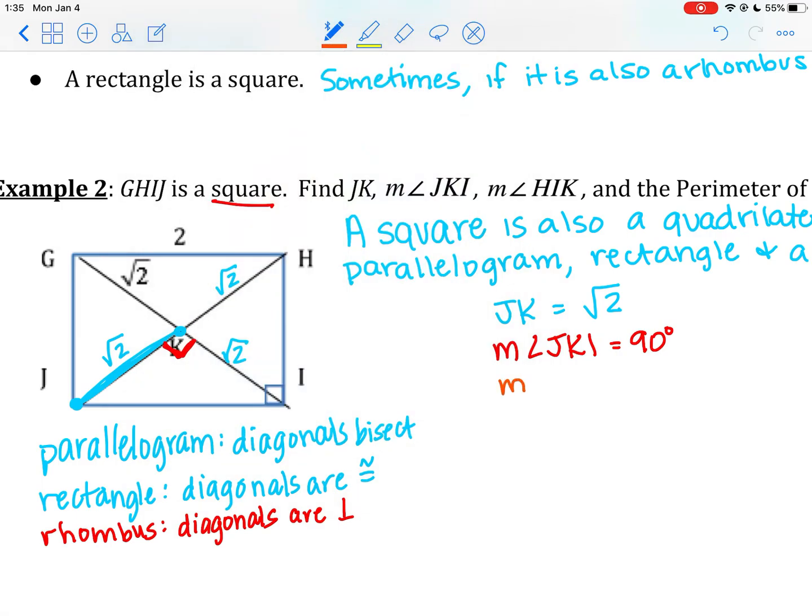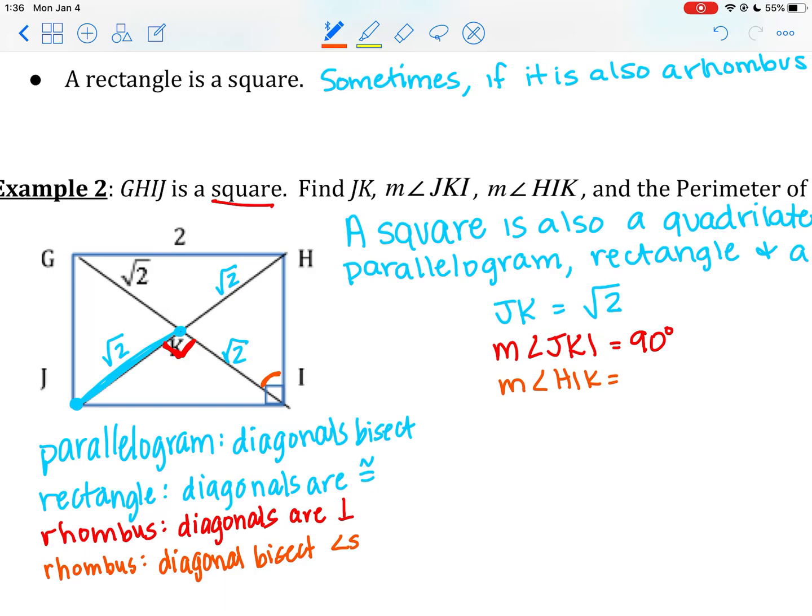All right, the next thing we need to find is the measure of angle HIK. HIK is this angle right here. And so another property of being a rhombus is that diagonals bisect the angles.